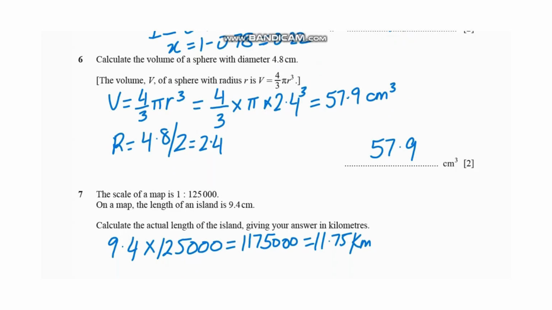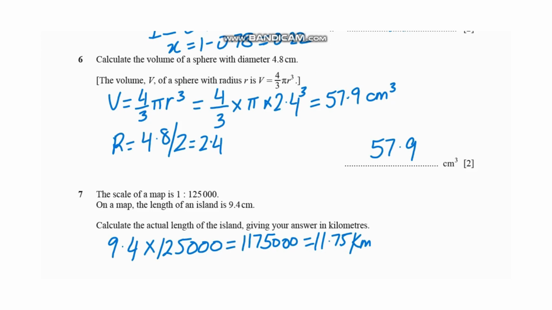Question 6 states, calculate the volume of the sphere with a diameter of 4.8 cm. So they have already given the formula on how to calculate the volume of the sphere. Now we have to input the values. The diameter is 4.8 centimeters, but we have to use the radius.